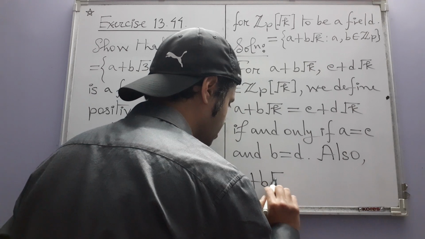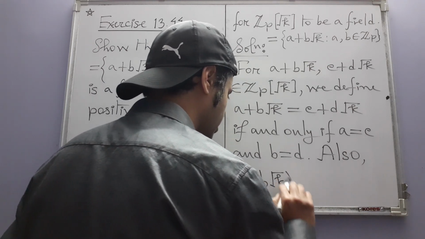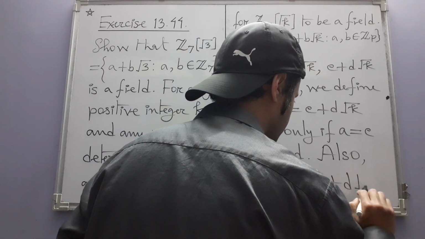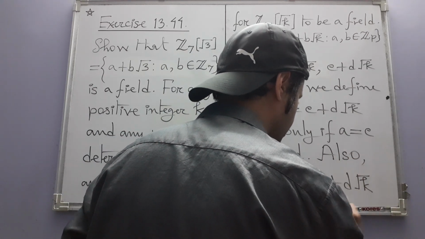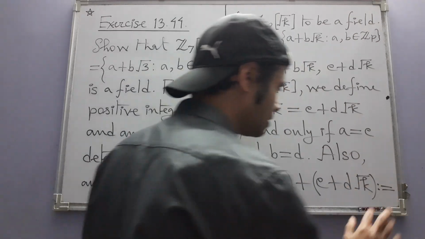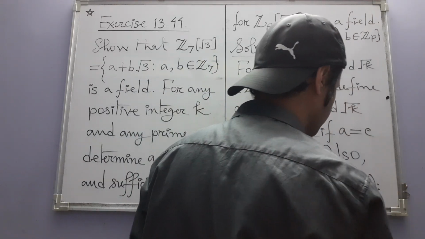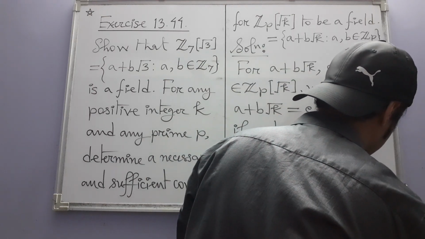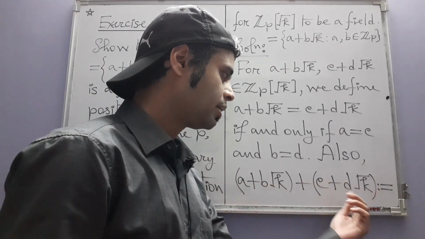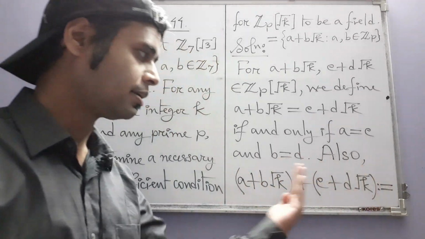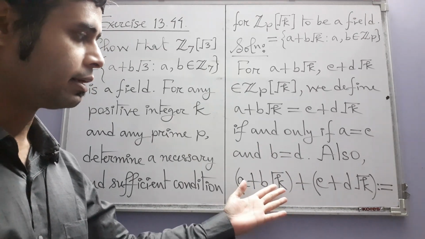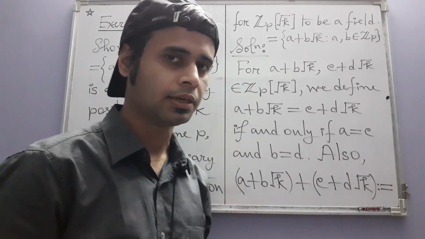a plus b root k plus c plus d root k is defined to be equal to, since we are defining, we put a colon and then write the equality sign. Whatever appears on the side of the colon is the thing being defined, and its meaning lies on the other side.